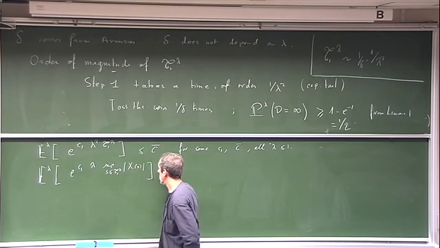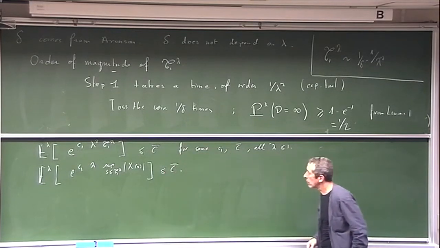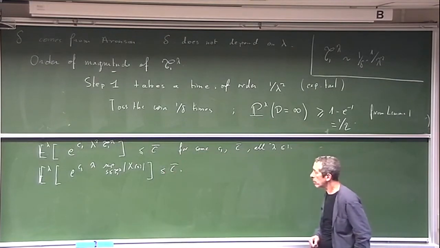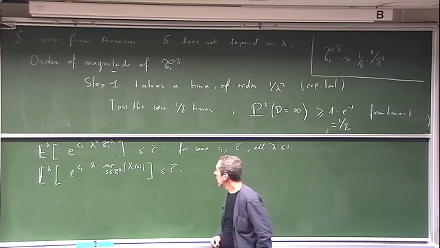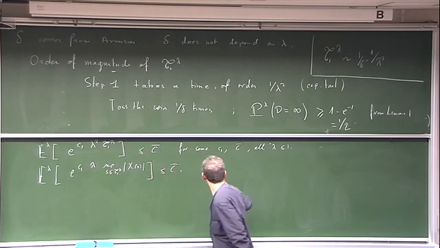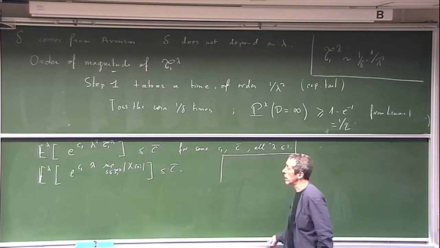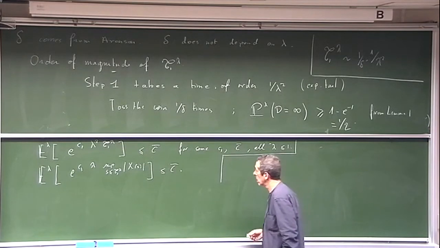And you get something like this for the same reason. So in particular, the position at tau 1 of lambda is finite for a fixed lambda.